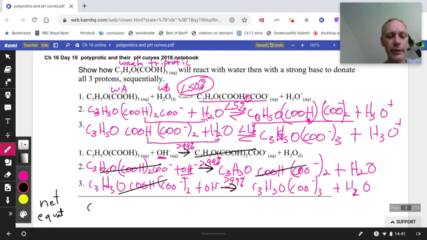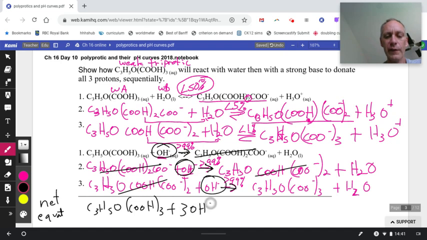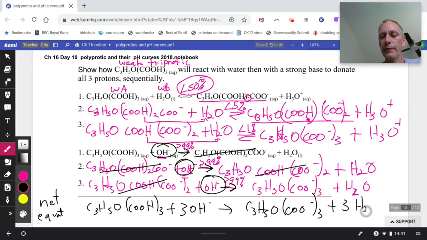So we end up with C3H5O(COOH)3 plus 1, 2, 3 hydroxides gives us C3H5O(COO minus)3 plus 3 waters.